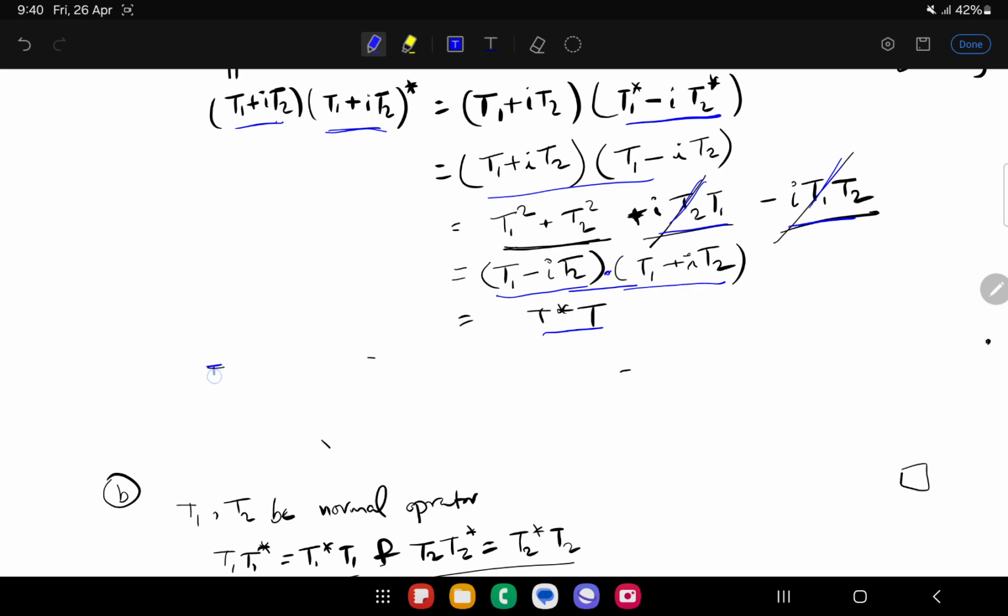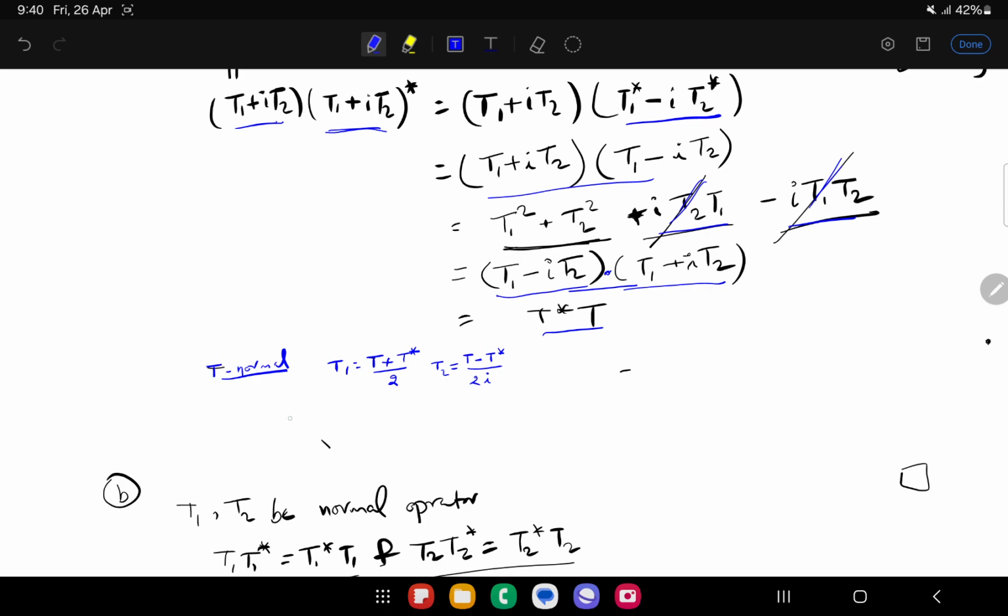For example, T is given, T is normal, given. So write T1 is equal to T plus T star by 2 and T2 is equal to T minus T star by 2i.